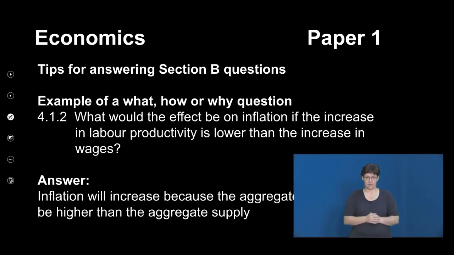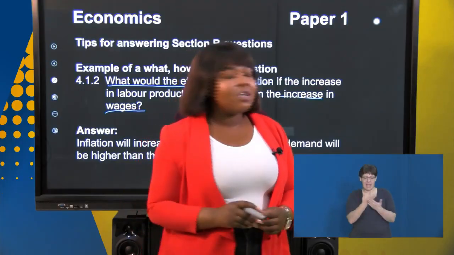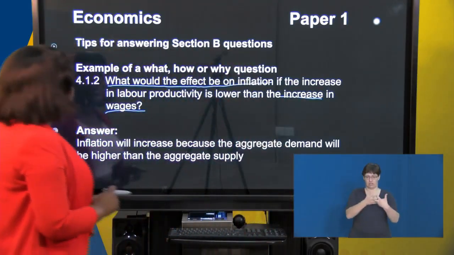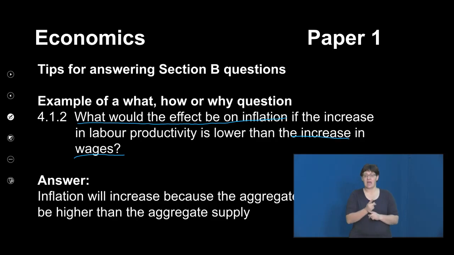Another example is, what would the effect be on inflation if the increase in labor productivity is lower than the increase in wages? Normally, as I go through this type of question, I underline the keywords so that I'm able to answer the question appropriately. I'll take the question again. What would the effect be on inflation if the increase in labor productivity is lower than the increase in wages?